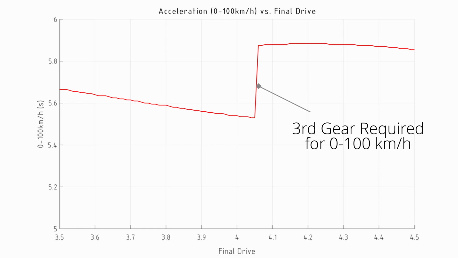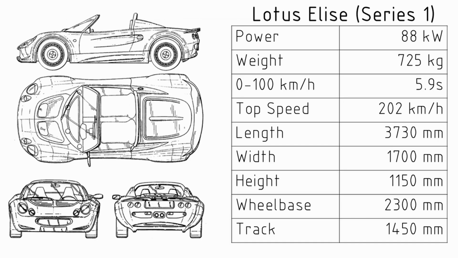And by having that extra gear change in there, we have basically that gear change time added to our 0 to 100 time. In fact, unsurprisingly, it looks like the Lotus Elise is a really good balance of mass and power and final drive in order to produce quite a good 0 to 100 time for the vehicle.